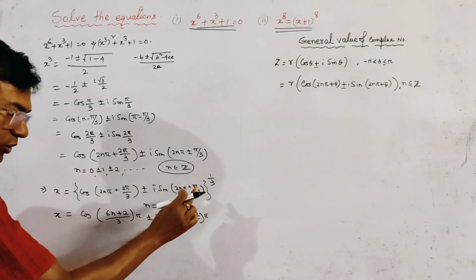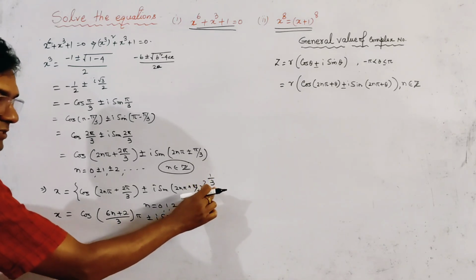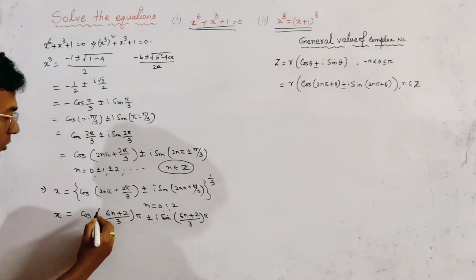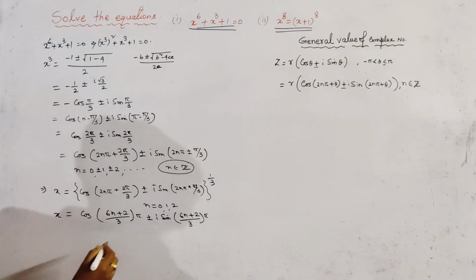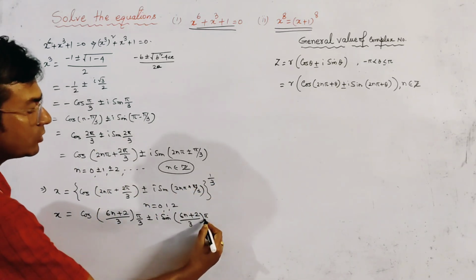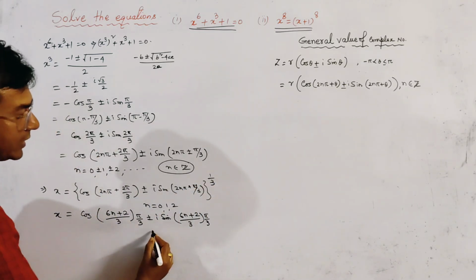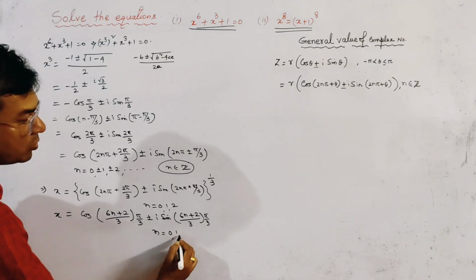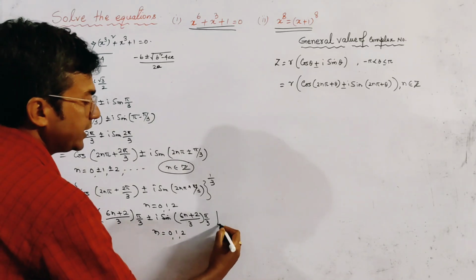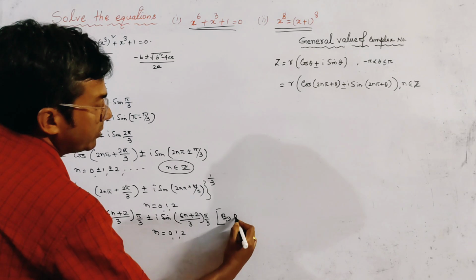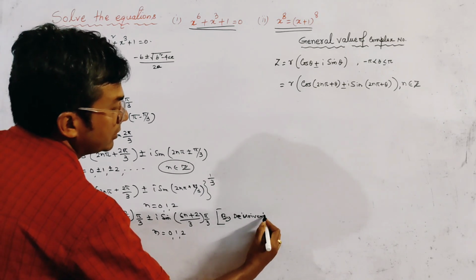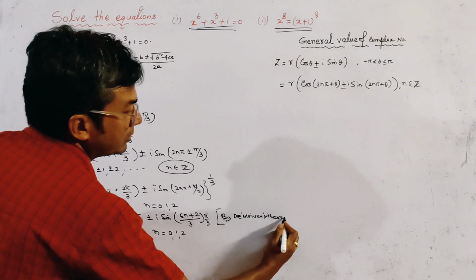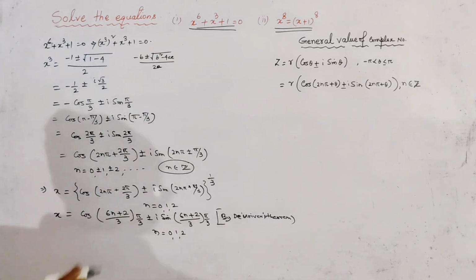And now we multiply the index with the angle. How to multiply the index with the angle? This is given by 3, here also 3, and n stays the same, 0, 1, 2, and here we use de Moivre's theorem. We get it by using de Moivre's theorem.